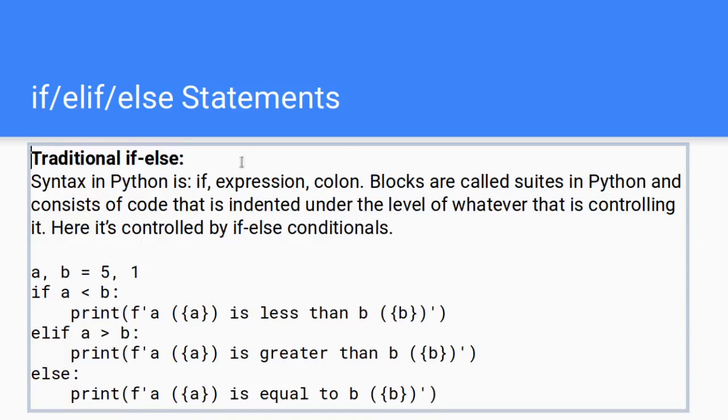So the syntax in Python is an if statement. It begins with the if keyword, and then we have an expression, and then we have a colon. So that makes up our if statement. This if statement begins a block, which are called suites in Python, and consist of code that is indented under the level of whatever's controlling it.